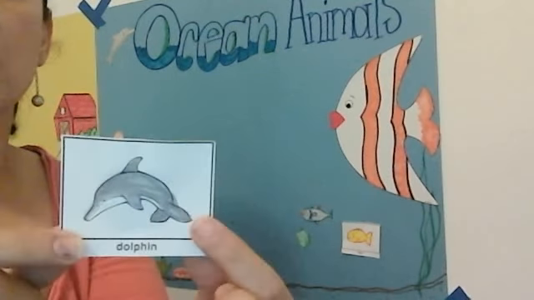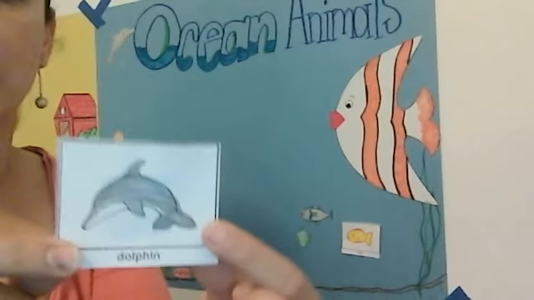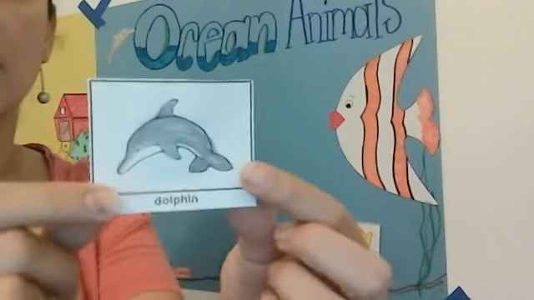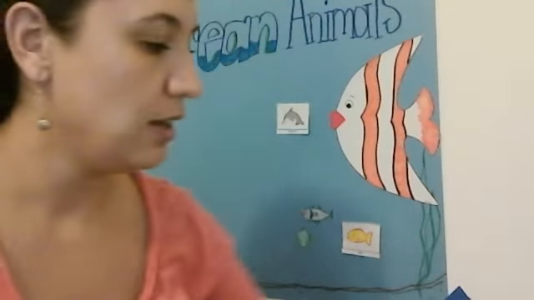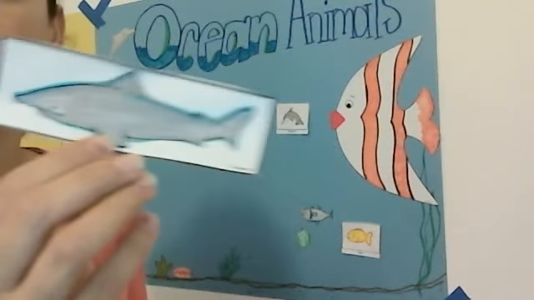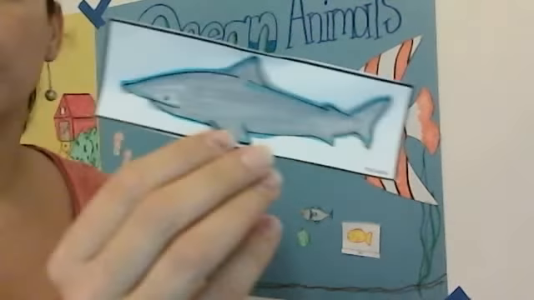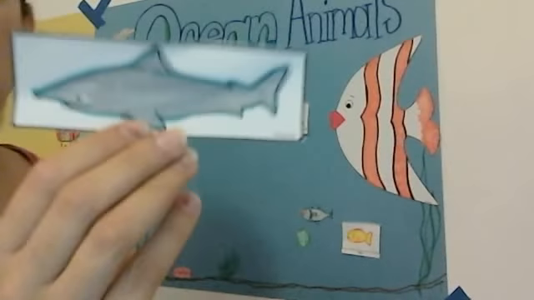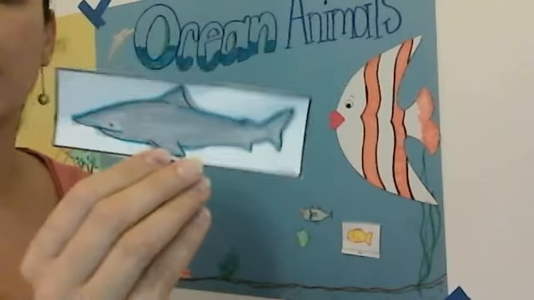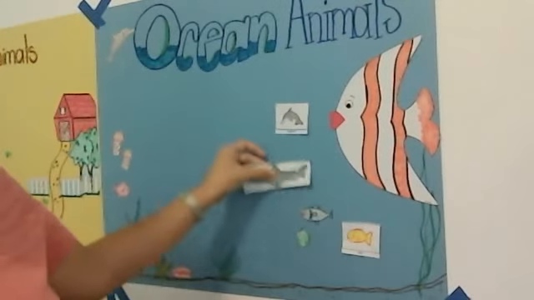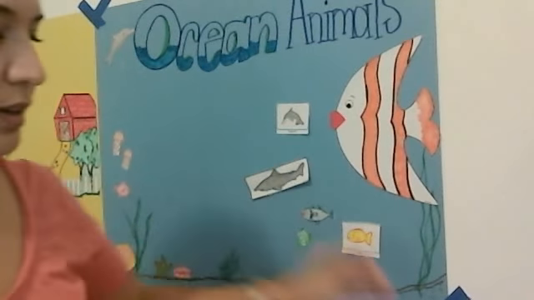Where most likely would this animal live, according to its features? Okay, I'm going to place it here for now. I have then a shark. Depending on the features of this animal, the student would need to classify where it belongs. In this case, I'm just going to place it here.